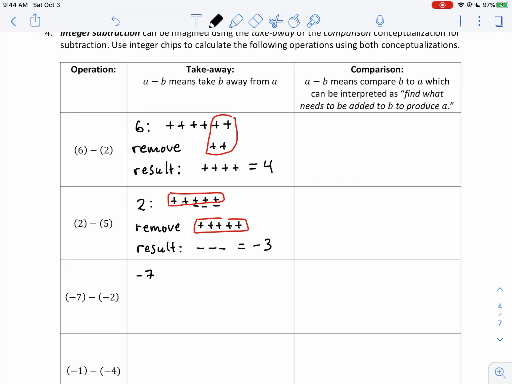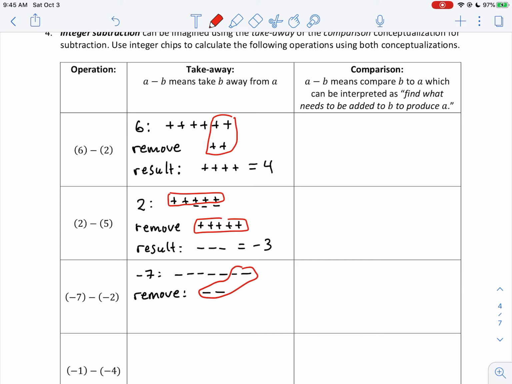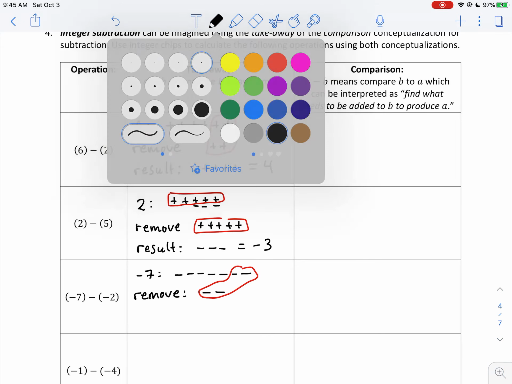And so we started with a negative 7, which was just 7 negatives. 5, 6, 7. We wanted to remove, right? That's what subtraction means here, remove, but we're going to remove more negatives. We wanted to remove 2 negatives, right? So those correspond to, these last 2 maybe are the 2 that we're removing.